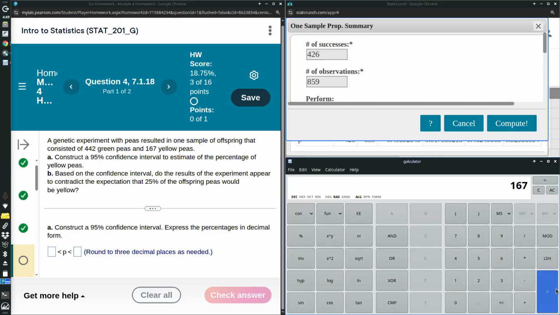That comes out to 609. So they say we want to do an interval to estimate the percentage of yellow peas. So yellow peas, there are 167 of them. And total, we just calculated, there should be 609 of them.